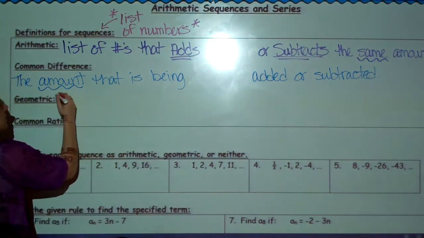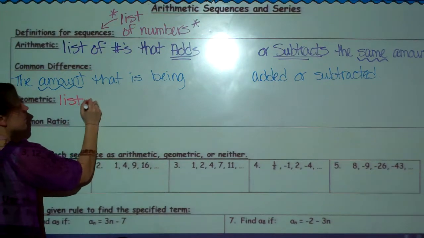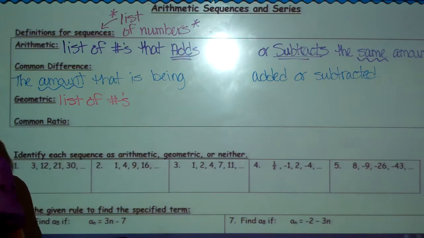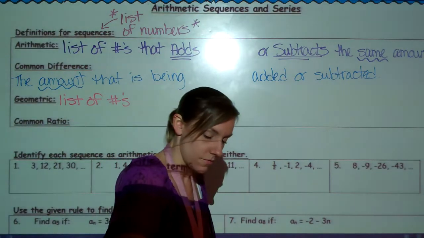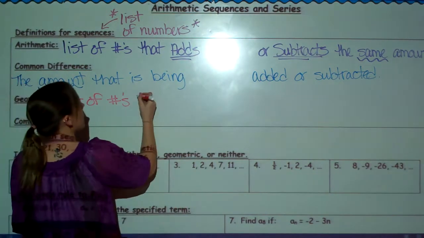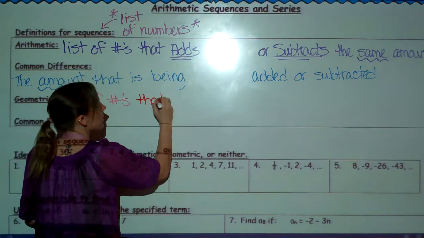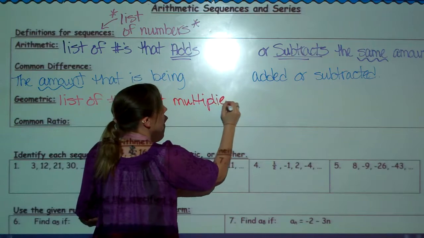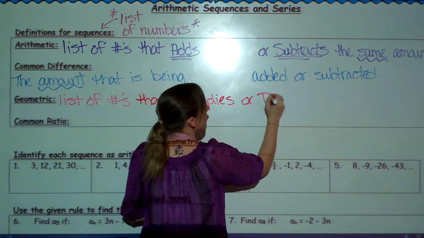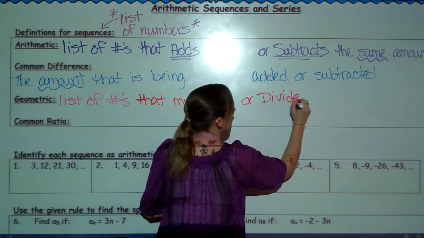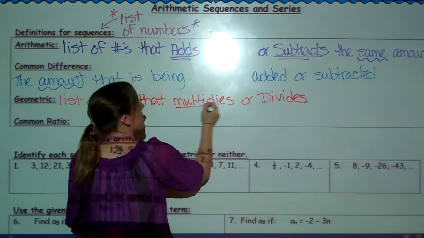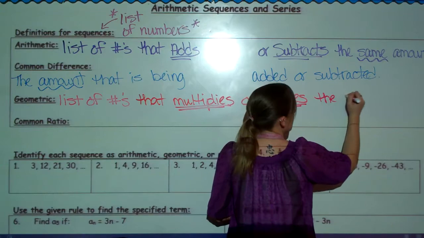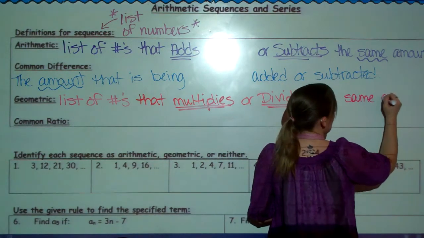So it is a list of numbers that multiplies or divides the same amount.